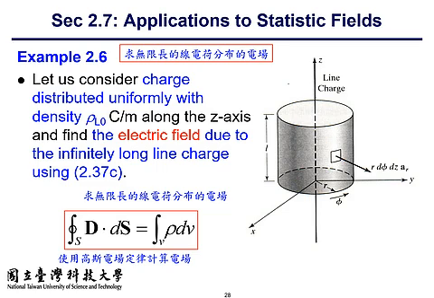This example has already been seen in section 1.5. Recall that in chapter 1, we calculate the total electrical field distribution for an infinitely long line charge based on what concept? Based on the concept of Coulomb's law.